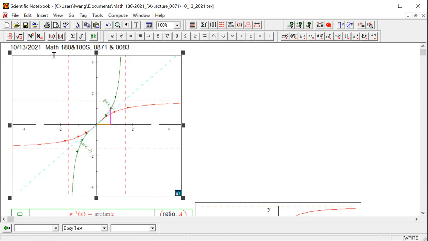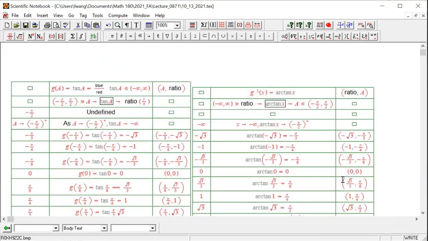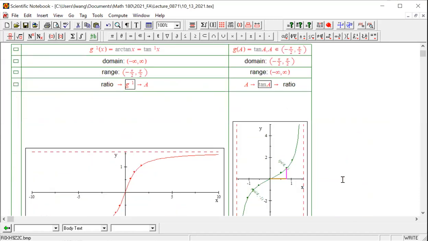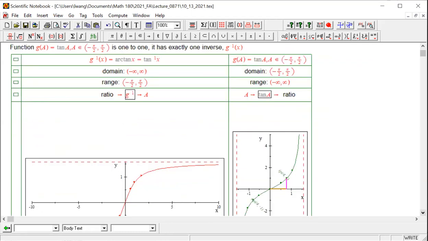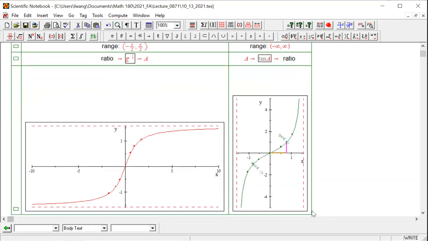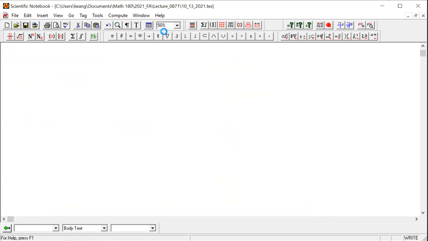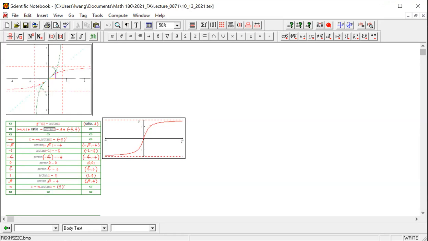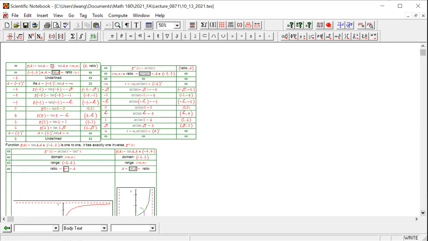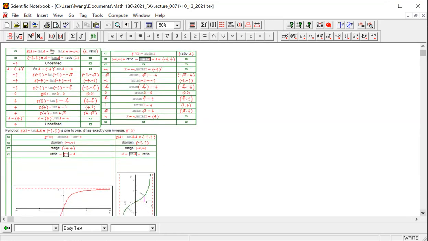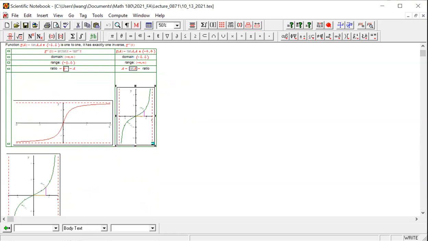And we have a vertical asymptote for tangent and a horizontal asymptote for arctangent. All right? That's what happens when we bring these things together. Okay, just hold on one second. Just give me a little bit of time to bring them together.